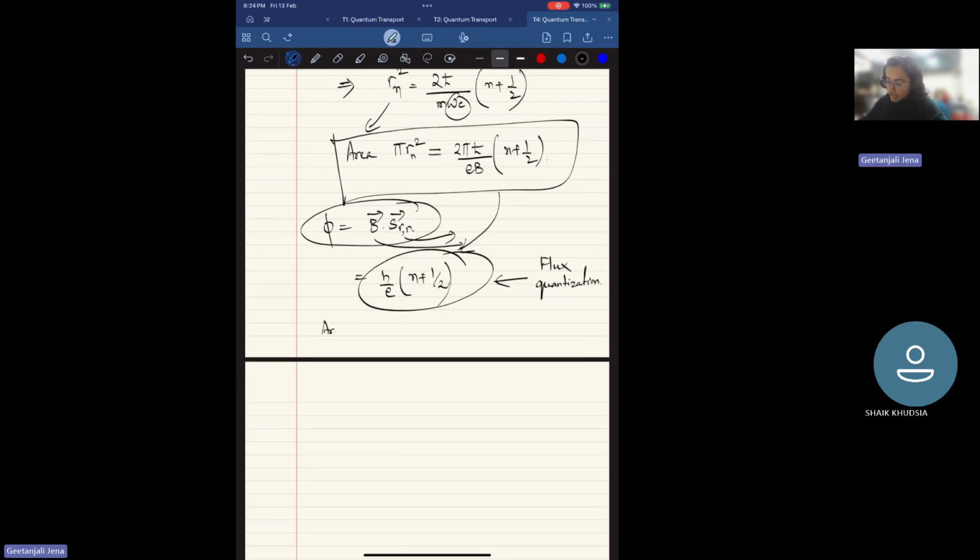And we also calculated the area difference between two orbitals in the real space, and it came around 2 pi h cut by eB.